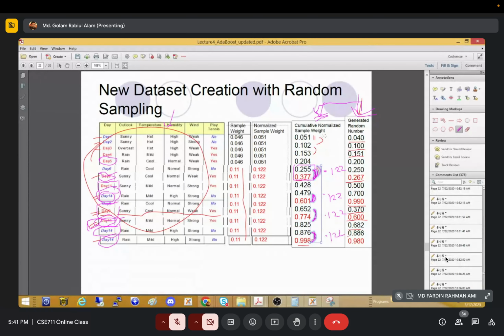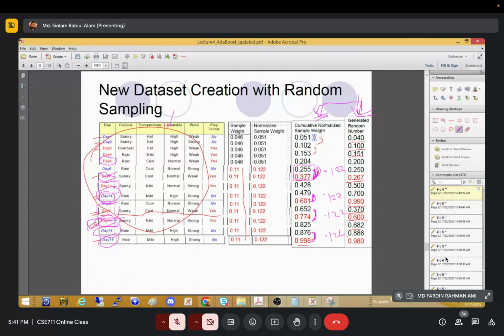But if we think about any other pairs, like maybe these two. If we consider these two, there are no misclassified instances in this pair. So the difference between these two is 0.051.